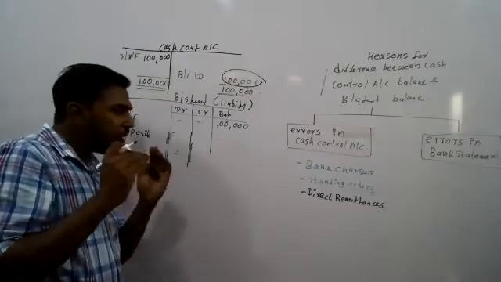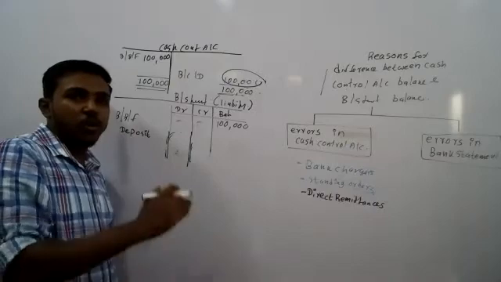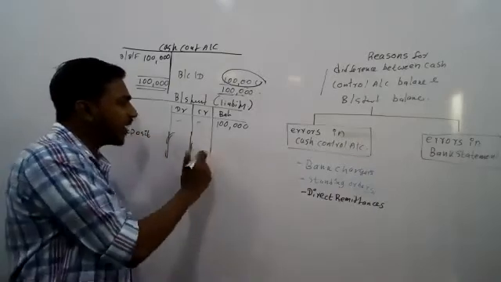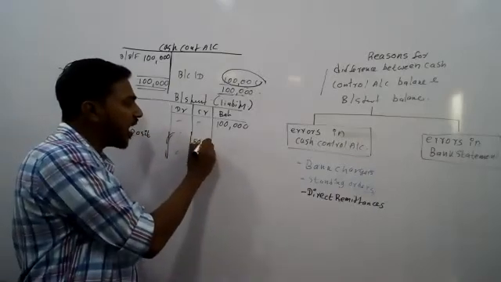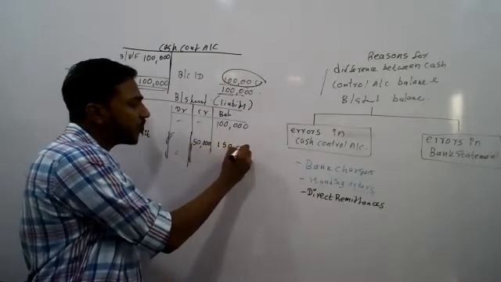The bank now has to give the security for these 50,000 dollars. So this is a liability increase, a credit. Now the balance is 150,000.